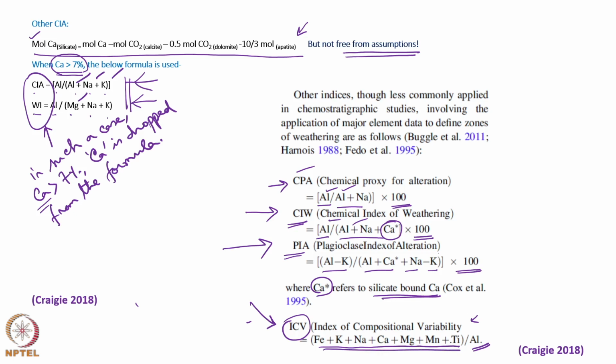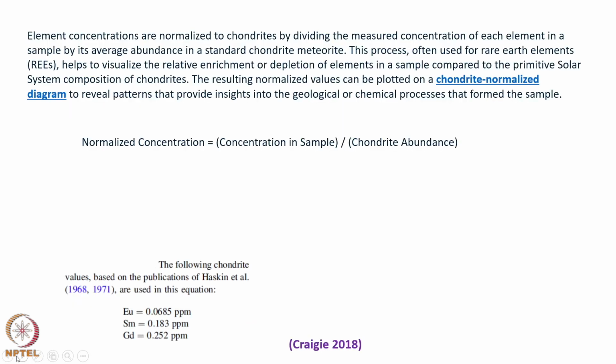While dealing with elements and their ratios, we need to remember that element concentrations can be normalized to chondrites by dividing the measured concentration of each element in a sample by its average abundance in a standard chondrite meteorite. This process is often used for the rare earth elements. For which elements do we do chondrite correction?